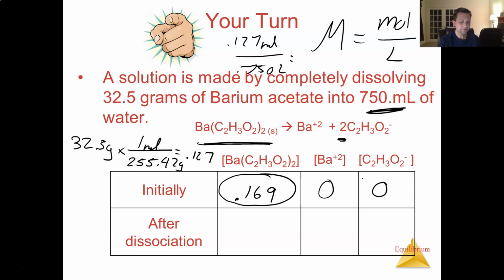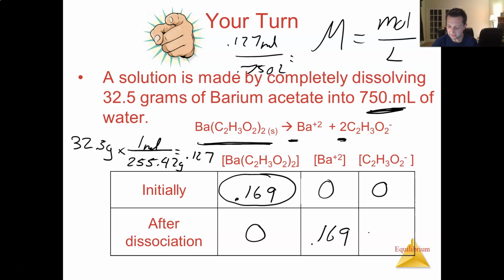All right, after it all dissociates, we're assuming all of it dissociates, our molarity here is 0. So we want to figure out what's the molarity of the barium ion, in this case, 0.169, and then what's the molarity of the acetate ion. So it's a 2 to 1 ratio here, all right? So I can't just say 0.169 because that assumes a 1 to 1 ratio.